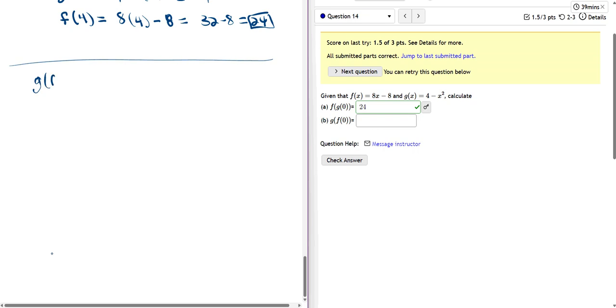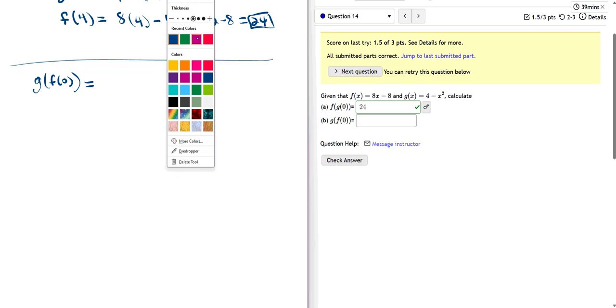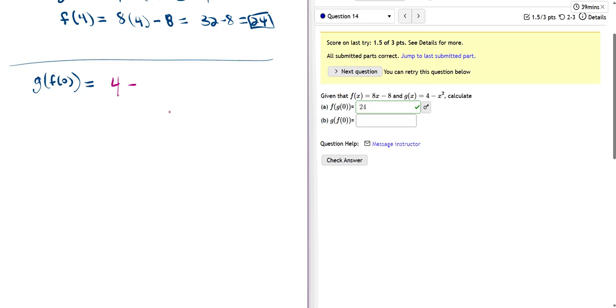g of f of 0, what is that going to be? So again, I can take the outer function to be g. So g was 4 minus x squared.